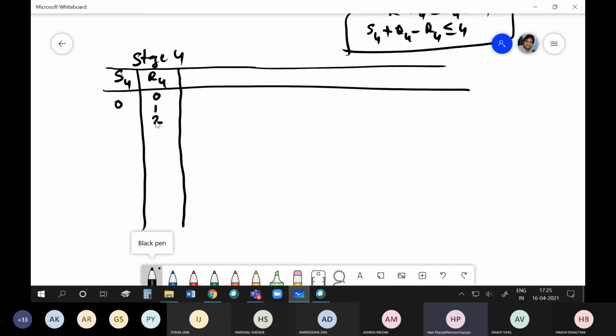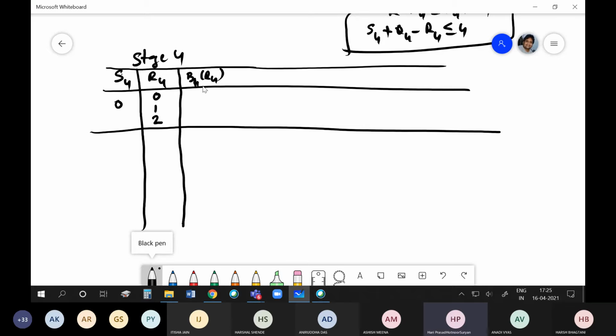Is it clear? Now if I have this, what will be the benefit? I am putting it as B4 of R4.